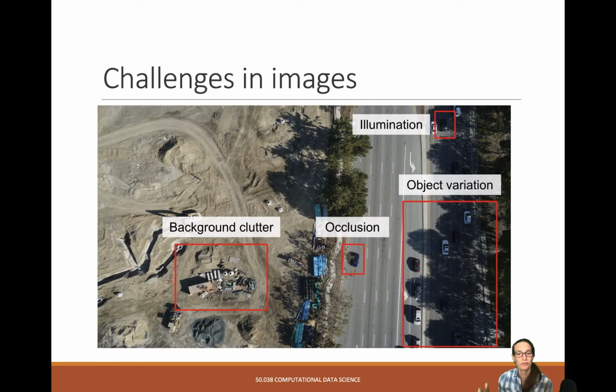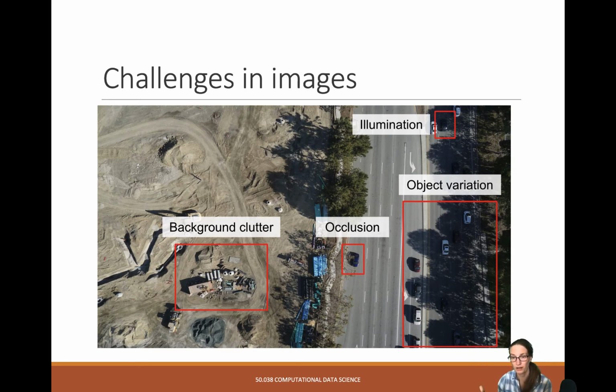So there's a bunch of challenges in images. Okay, some of the challenges are depicted here, but also think of self-driving vehicles: a photo of a street can look so many different ways. There could be a lot of object variation.